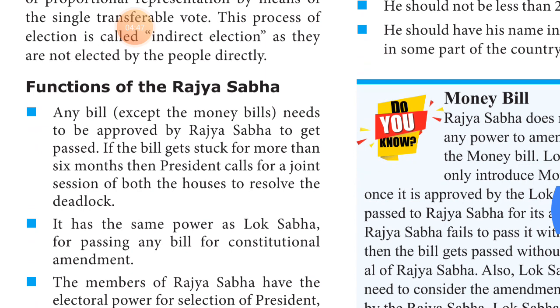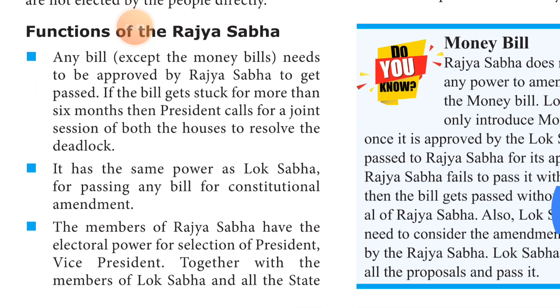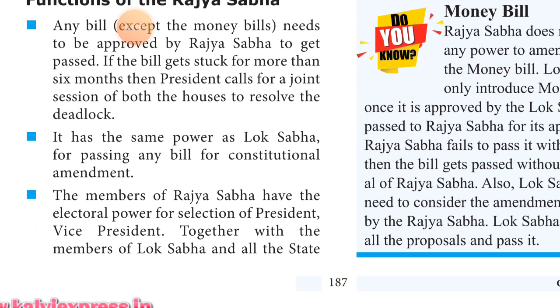For example, if a bill is introduced in the Rajya Sabha and the members do not support it for more than 6 months, the President calls both houses together and solves the problem. This is another function.